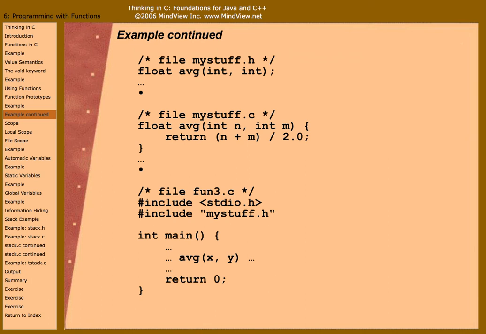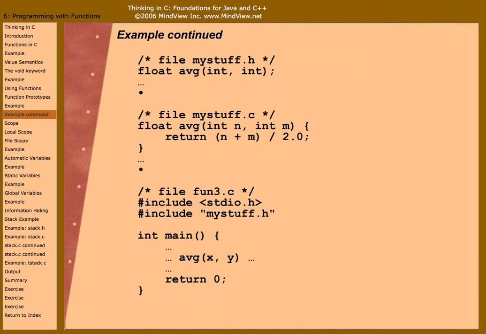One thing I didn't show there is that mystuff.c will also include mystuff.h. That's just to make sure you have the definition of the function match its prototype as far as the return type and the parameters are concerned. And then finally, a third file would be my application that uses the mystuff module, as it were.